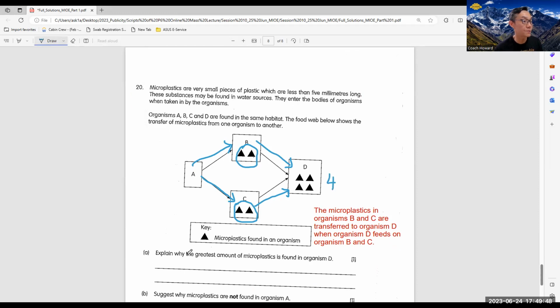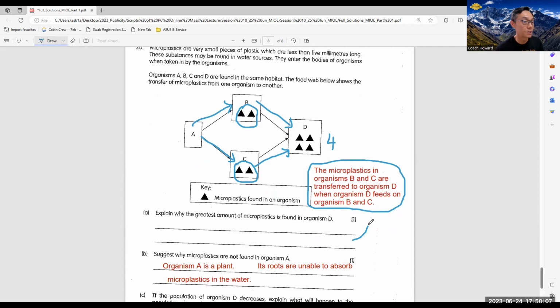Now they ask you, explain why the greatest amount of microplastic is found in organism D. So the answer is this part. The microplastics in organism B and C are transferred to organism D when organism D feeds on organism B and C. So this is the answer for this.